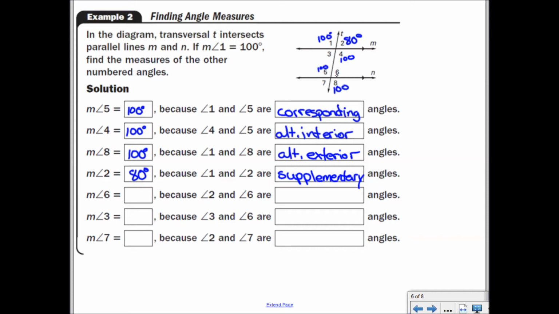The measure of angle 6 will be 80 degrees because angle 2 and angle 6 are corresponding angles.